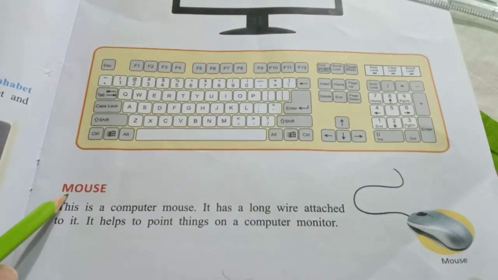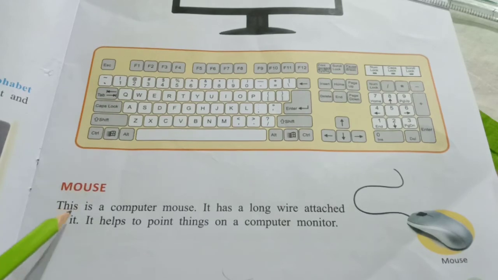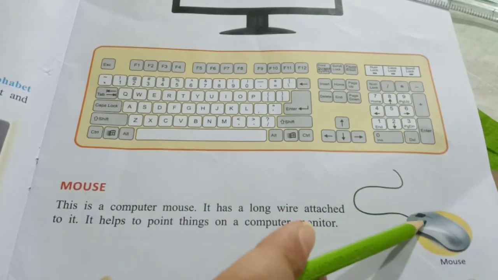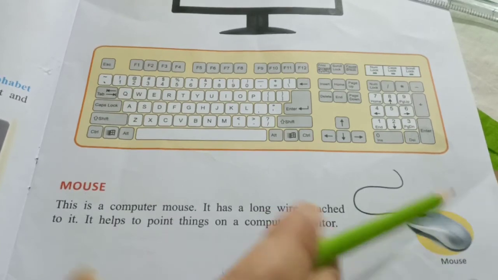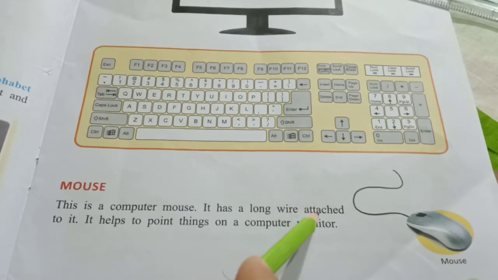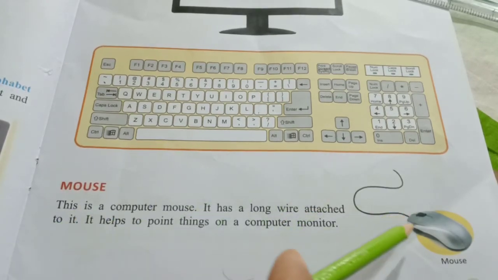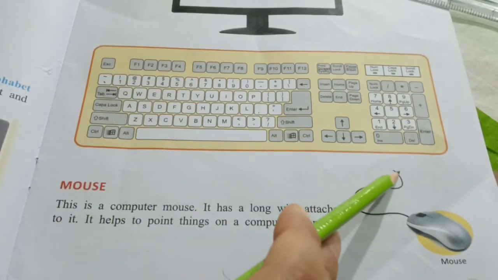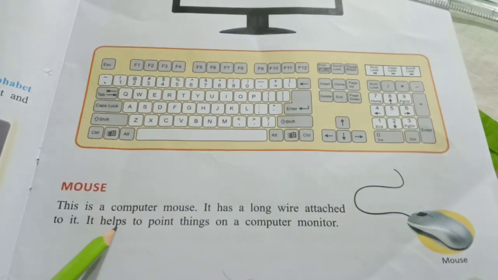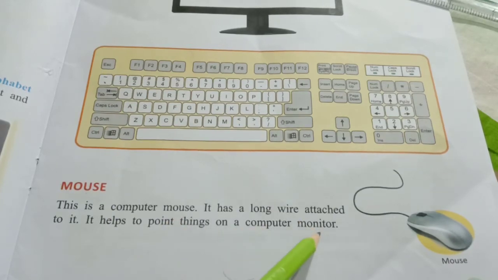Now look here, mouse. This is a computer mouse, right? As you can see, it has a long wire attached to it. This is the long wire attached to the computer, right? It helps to point at things on a computer monitor.